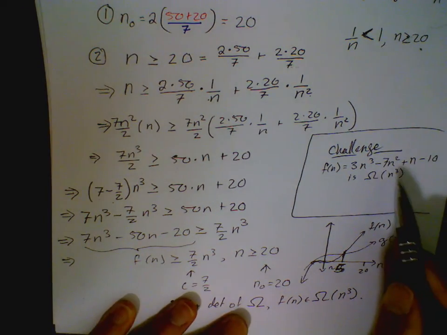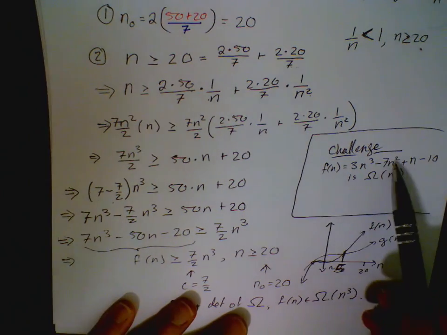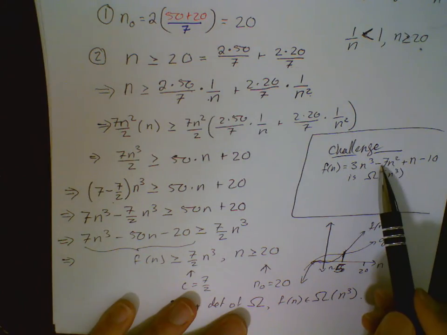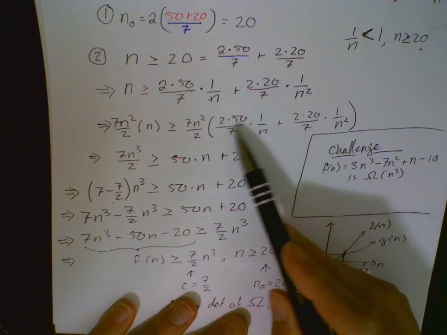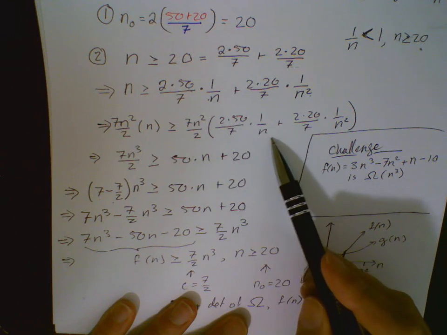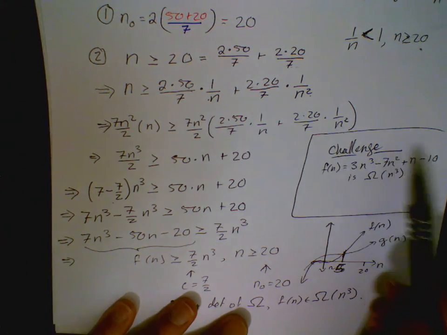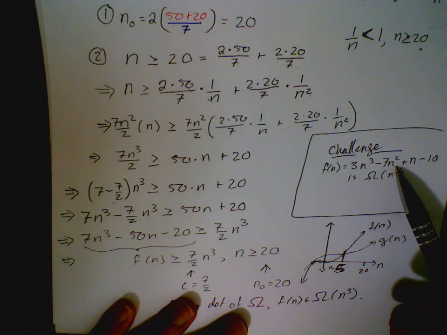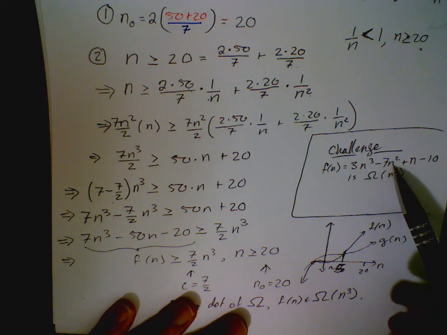So there's two differences here between what I showed you and this challenge. One is we have an n squared this time. So last time we multiplied our factor that corresponded to n to the first power by 1 over n, and our constant by 1 over n squared. What are you going to multiply the coefficient that corresponds to n squared by?